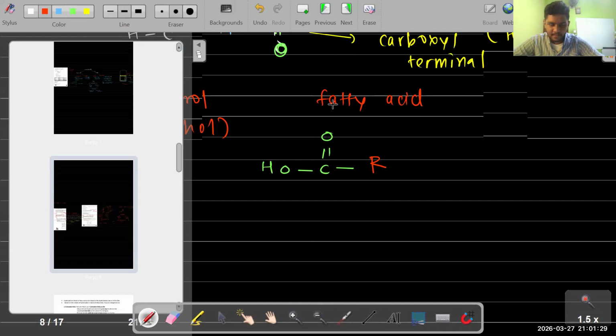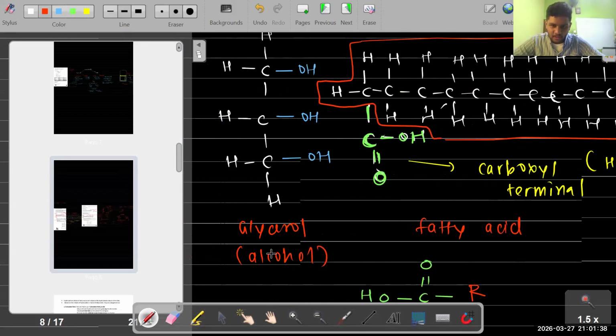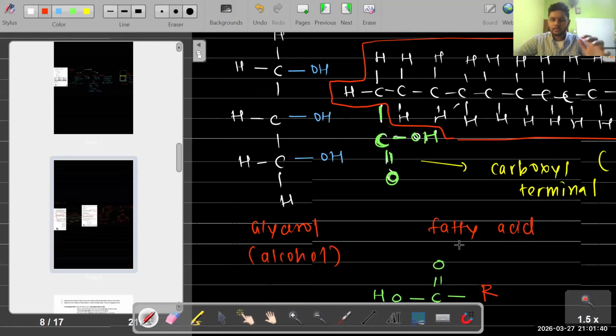I hope it's clear. Yes, sir. Now, this is a glycerol molecule, and this is a fatty acid. We have not yet come across the word fat. What is fat? Fat is made up of glycerol and fatty acid. These two combine to form a fat. You might ask, how does it combine?